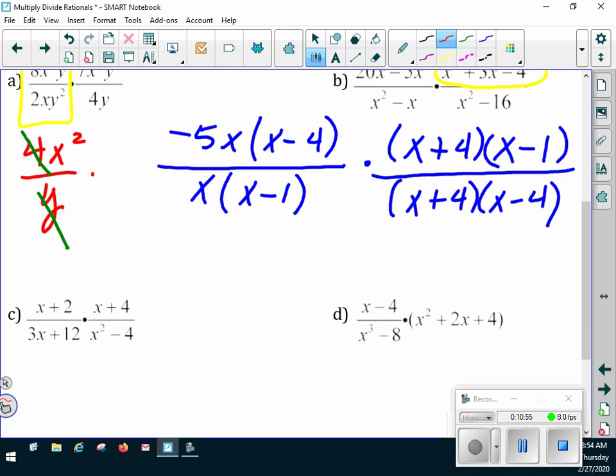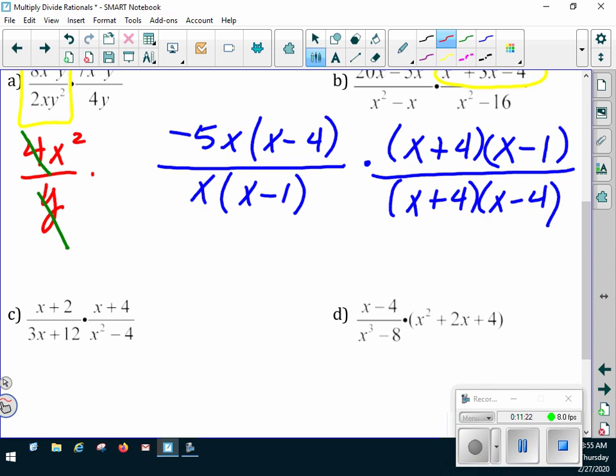Now that everything's factored, what are we looking for? That's right. Any common factors between numerators and denominators? I can look in this fraction here, and I can look in this numerator, this denominator, this numerator, this denominator. So wait, what now?